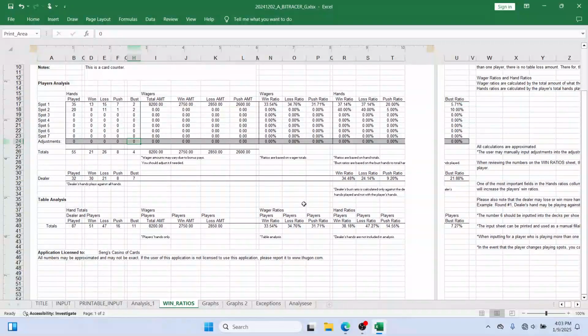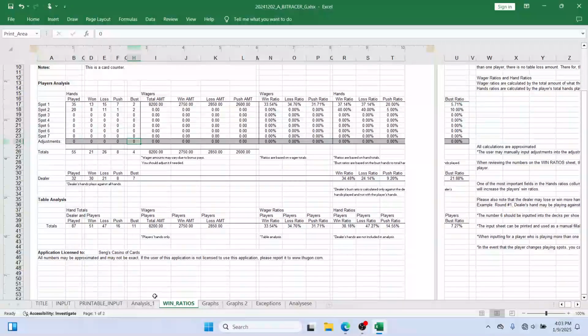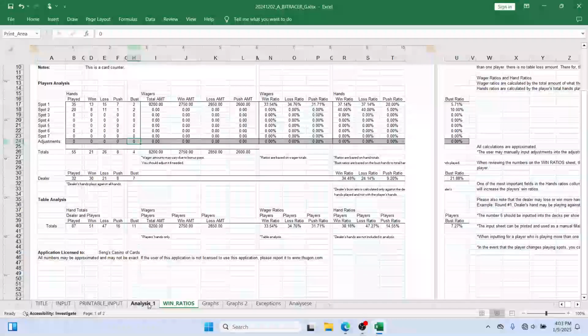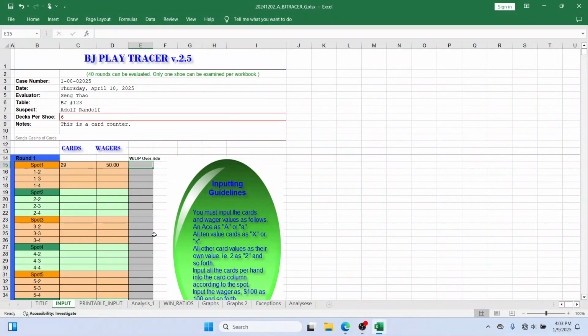Bet correlation is part of the advanced training to analyze blackjack, and this software was mainly developed for the surveillance department and/or the card master that does the analysis for table games. So it cuts out a lot of the tedious things that the evaluator has to do.